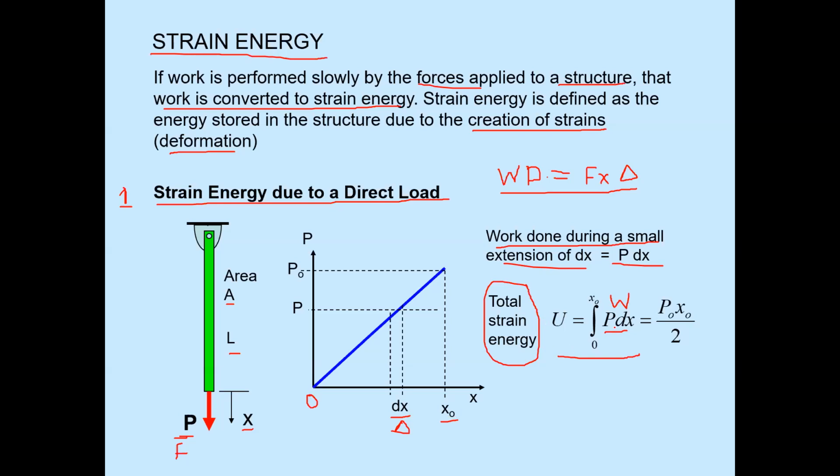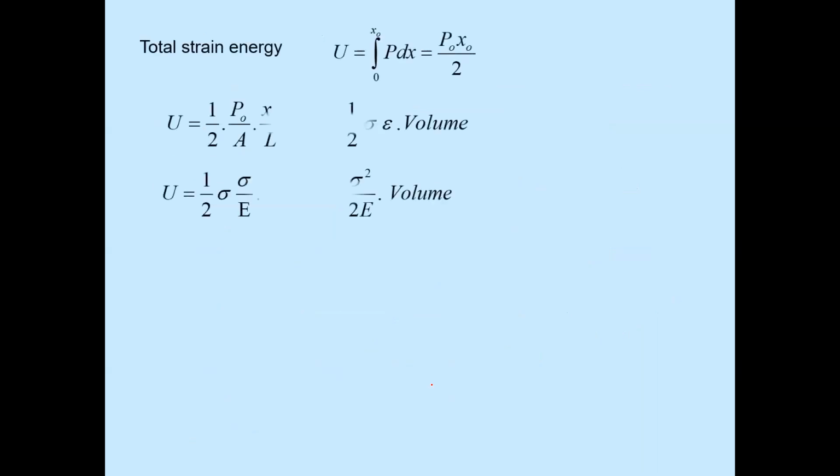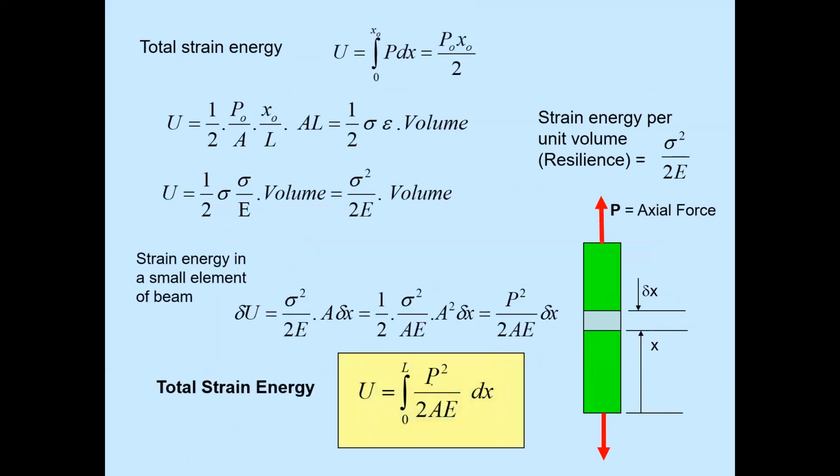If we integrate this, P comes out, the integration of dx is x, with limits 0 to x naught. So the strain energy becomes P naught x naught by 2. This is the strain energy stored in this rod after a displacement. Total strain energy is P naught x naught by 2.